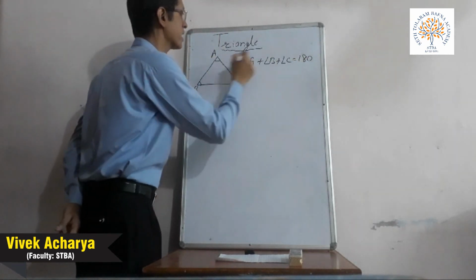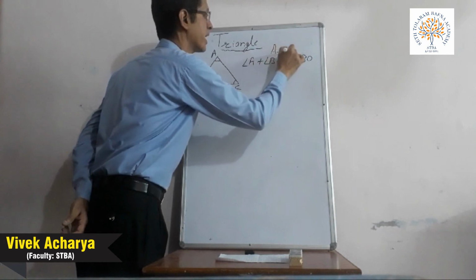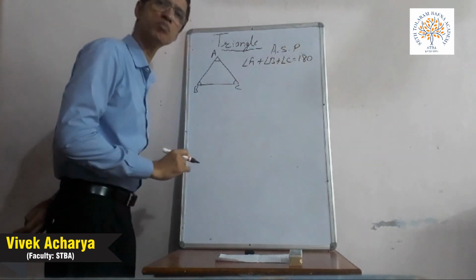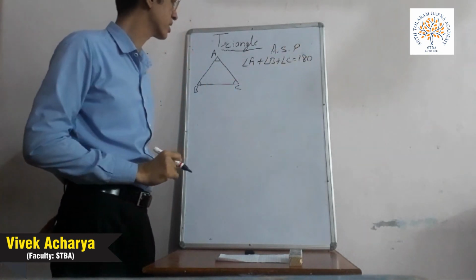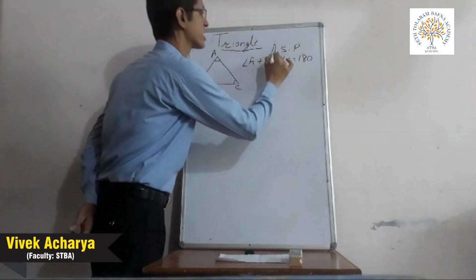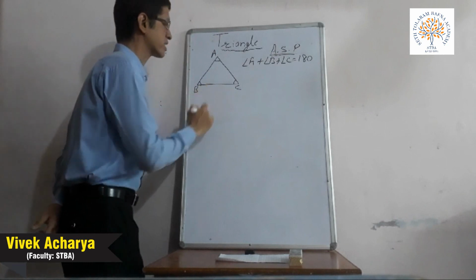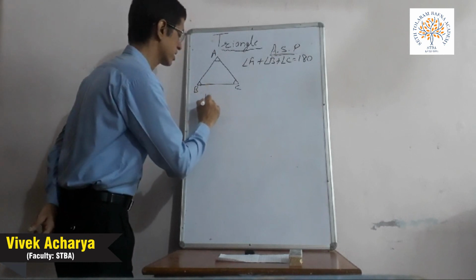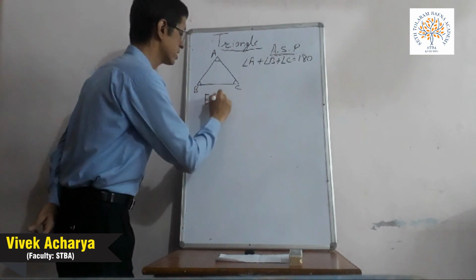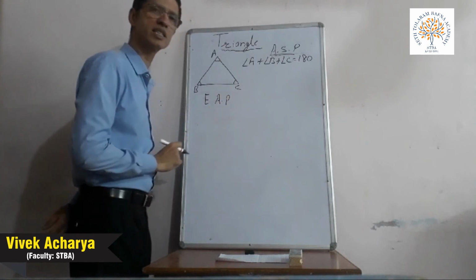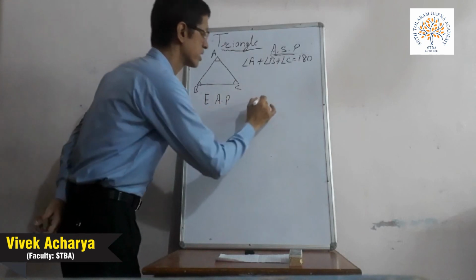This is the angle sum property, ASP. The second property which I explained in the previous class is the exterior angle property. In short, we can say it is EAP.